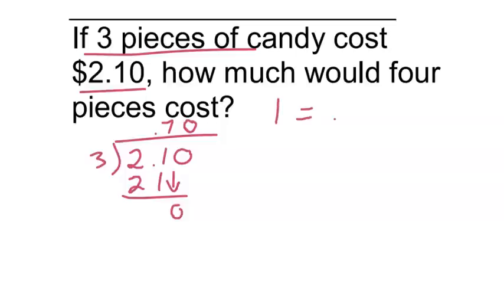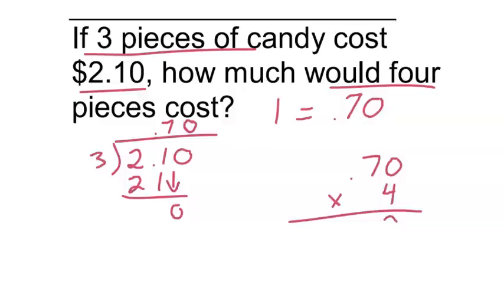equals 70 cents. So once we know that, if 1 candy is 70 cents, how much would it cost for 4 pieces? All you have to do is take 70 cents times 4. 4 times 0 is 0. 7 times 4 is 28. Then you just look and see there are 2 numbers to the right of the decimal.